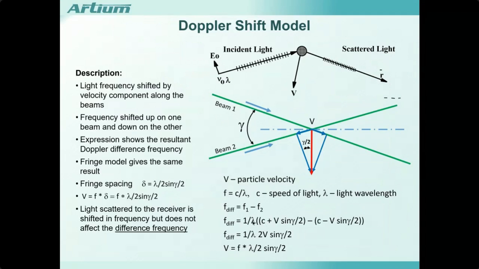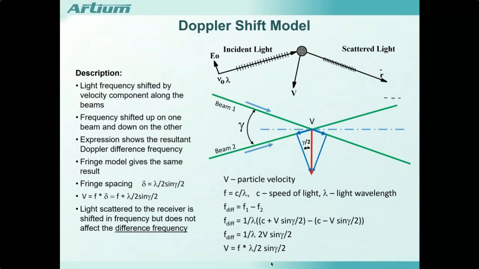So in this equation, we have the light speed plus the velocity component against the beam minus the light speed minus the velocity component along the beam. When we difference that, the light speed drops out, and now we have an expression with just the velocity.